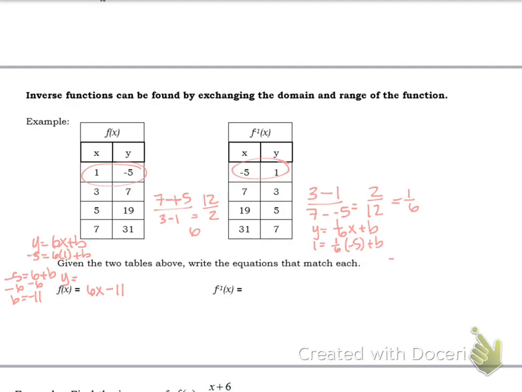Okay, so when I solve it, I get 1 equals -5/6 plus b. We add 5/6. So that would get me 11 over 6 as my b. Okay, so my f of -1 of x, that's an inverse, it's really blurry. That means my inverse here is y, that technically stands for y equals 1/6x plus my b.